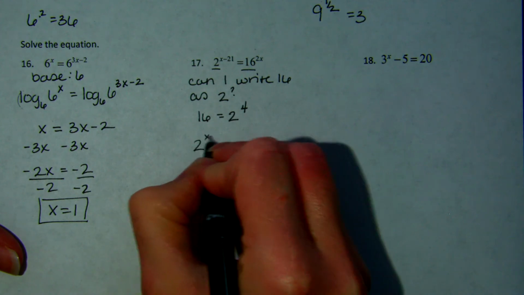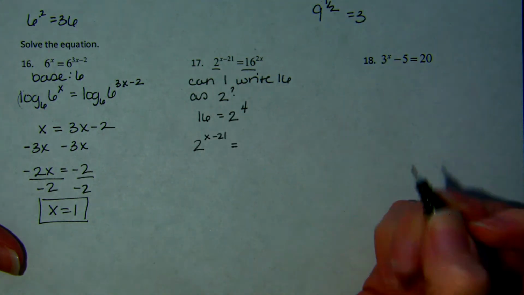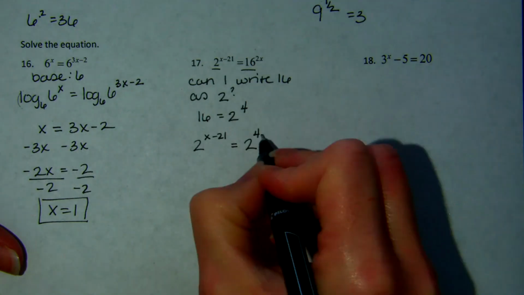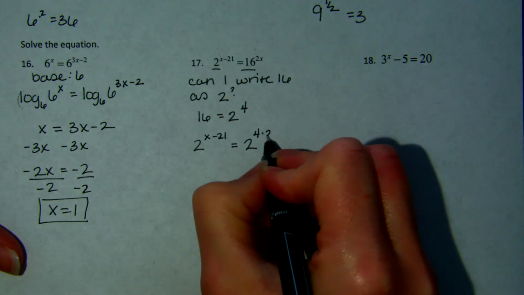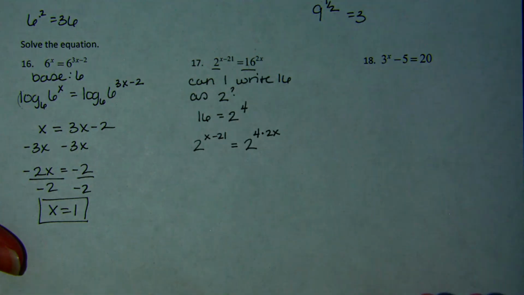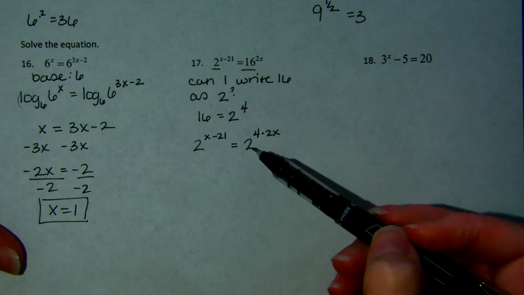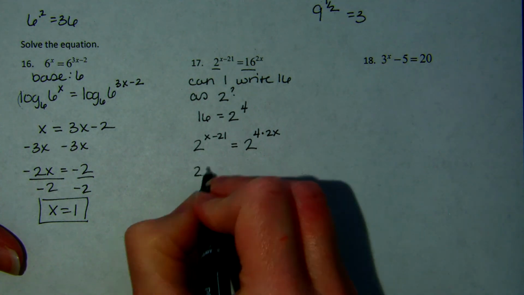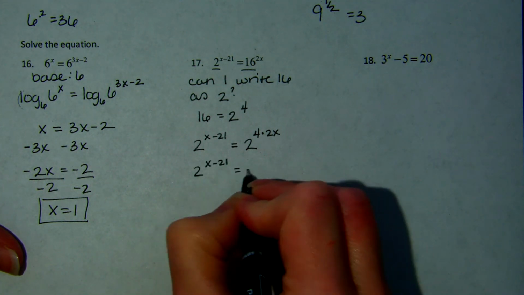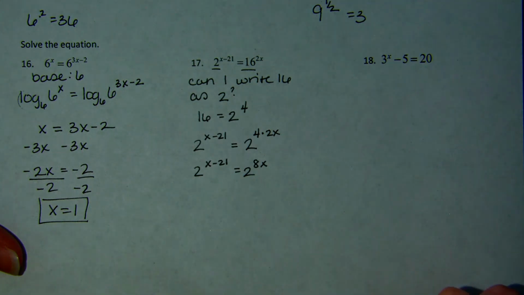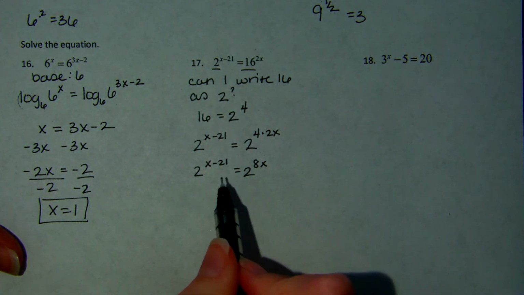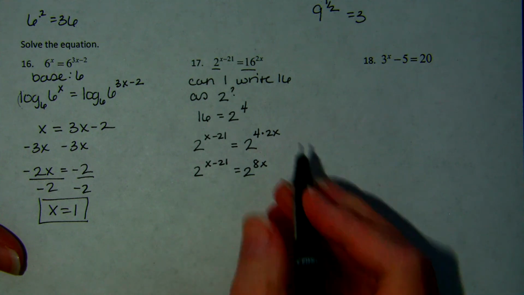So I've got the 2 to the x minus 21 is equal to 2 to the 4th power. And that 2x that was right there, we're going to multiply by the 2x that was already in the exponent right there. So 2 to the 4th times 2x. So I've got 2 to the x minus 21 is equal to 2 to the 8x power. And again, I'm going to take the log of both sides and I'm going to use the base that is in my equation.